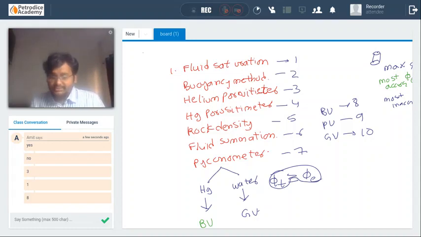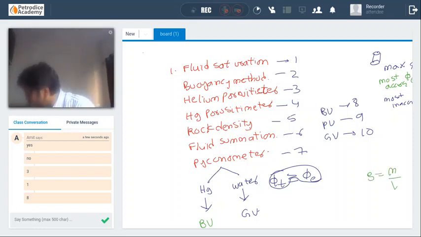Let's go to the next one, guys. I think everybody knows the Archimedes principle, the method that is based upon the Archimedes principle. It is the buoyancy method. Okay, do remember it. For any particular numerical question in porosity, you need to use three formulas.